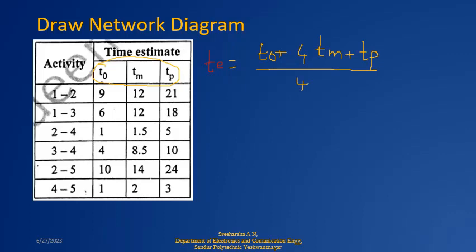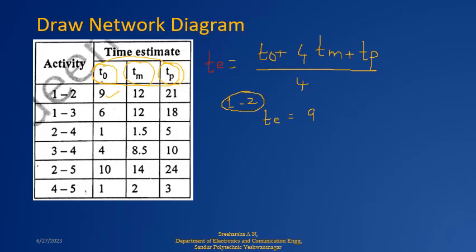So we need to calculate now for the first, that is 1 to 2, activity 1. What is the TE? Here, TO is 9. Please observe, this is the TO. Let me mark it here: TO, this is your TM, and this is your TP.